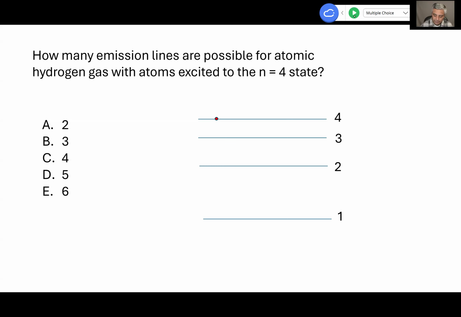Now here is a question for you. What do you think? How many line spectra are possible?